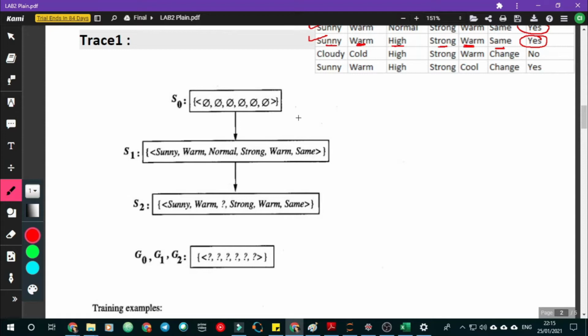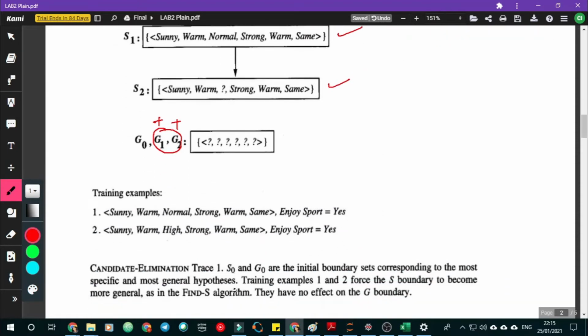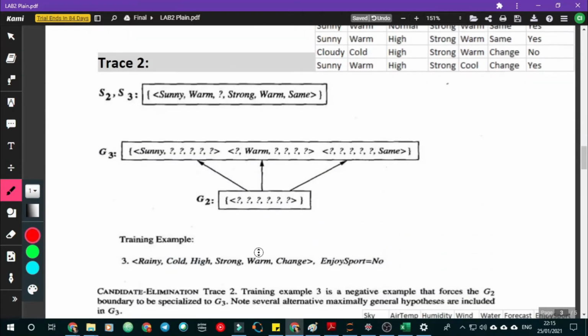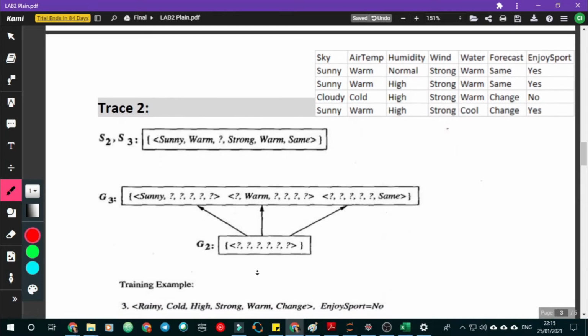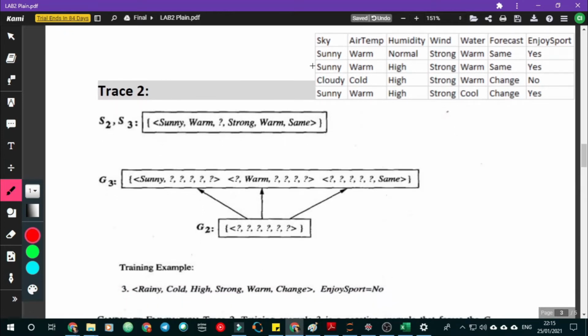Yes, the same explanation is done here, and this will not change. G1 and G2 will not change because both are positive examples. Okay, we have read two positive examples. Now I need to read the third, negative example.